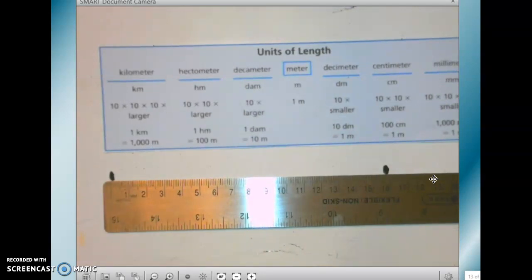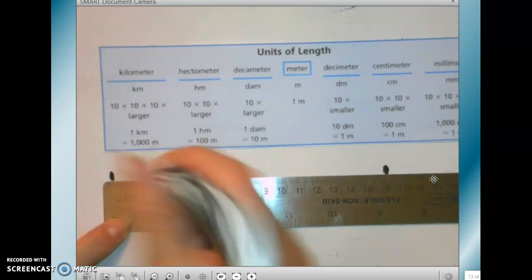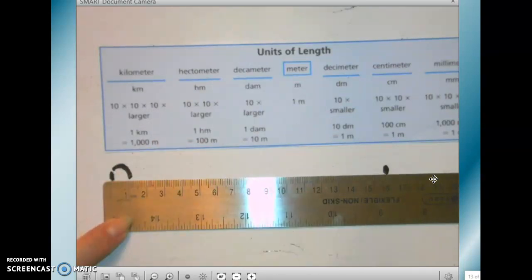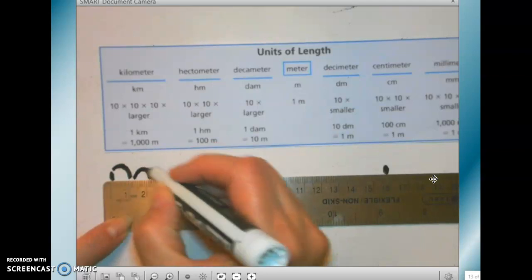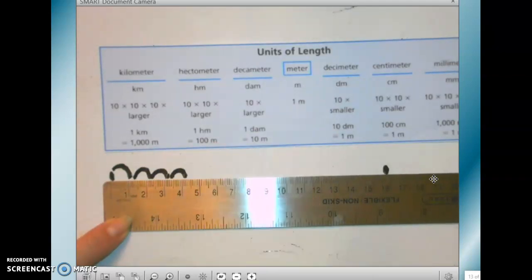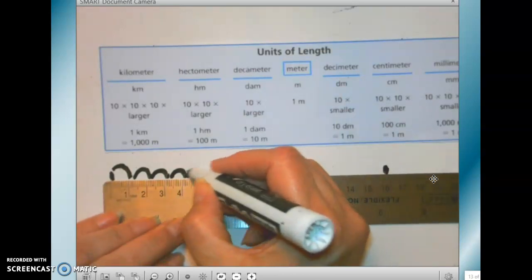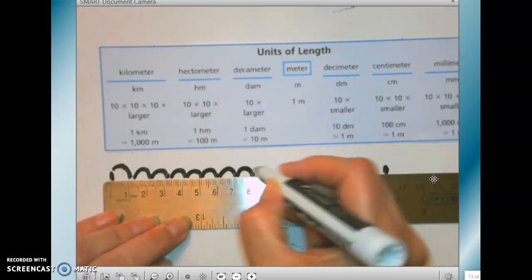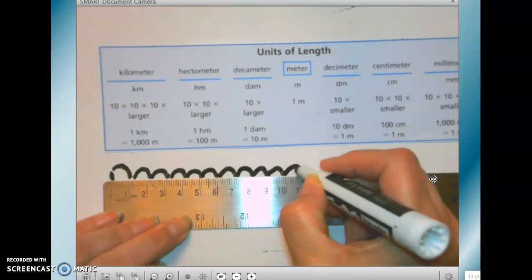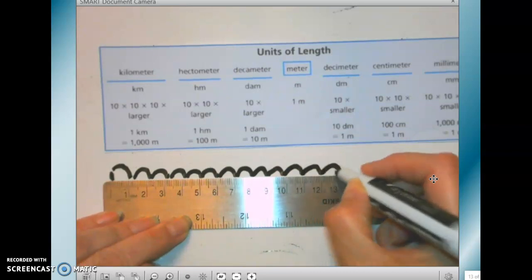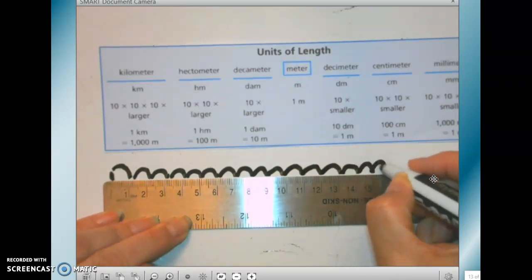Well, let's see. There are 10 millimeters in each centimeter. So right in here, from here to here, that's 10, 20, 30, 40. You see how you can do that? There are 10 millimeters in each centimeter. So how many are in 16 centimeters? Do you want to keep counting? 10, 20, 30, 40, 50, 60, 70, 80, 90, 100, 110, 120, 130, 140, 150, 160.